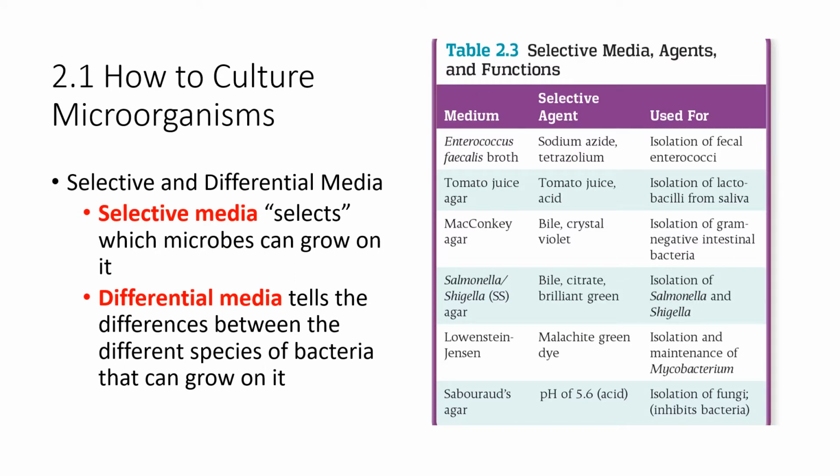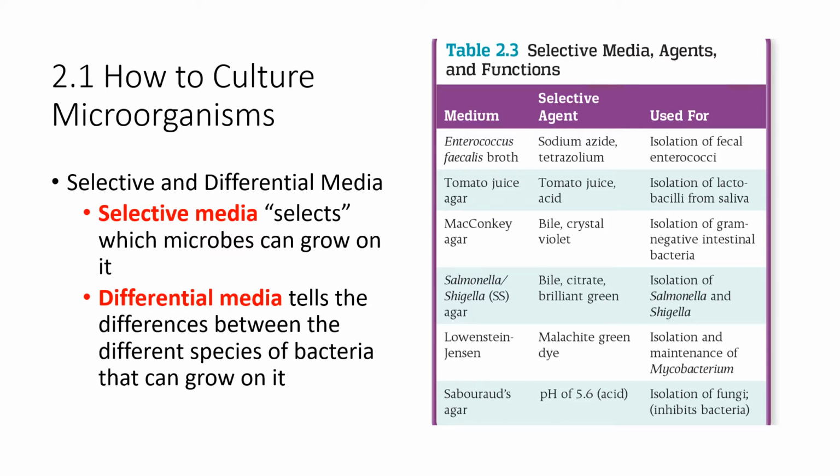Now, when it comes to being able to culture microbes, a lot of the times somebody's not going to just give you a swab that has only one type of bacteria on it. The majority of the times, there's either going to be more than one, or you're unsure if there's more than one.